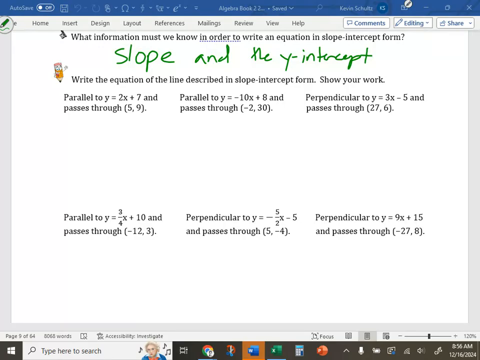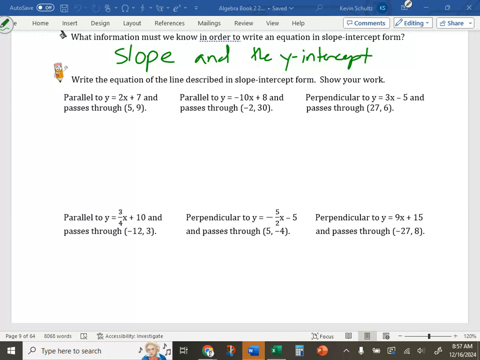So, when I ask you to write the equation of a line described in slope-intercept form, you're looking for what is the slope, what is the y-intercept? What do I have? What do I need to find? This first one, I'd like you to write the equation of the line that is parallel to y equals 2x plus 7 and passes through 5, 9.